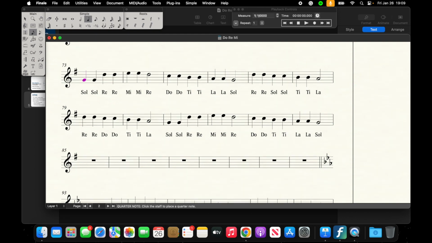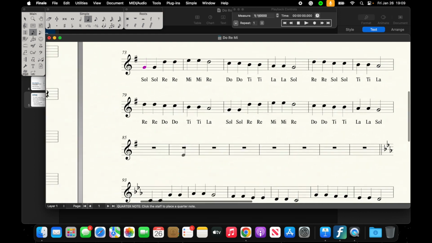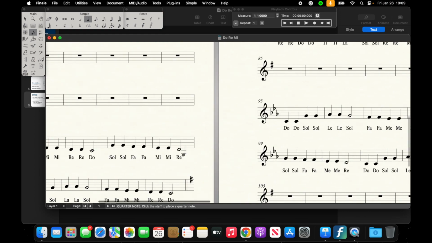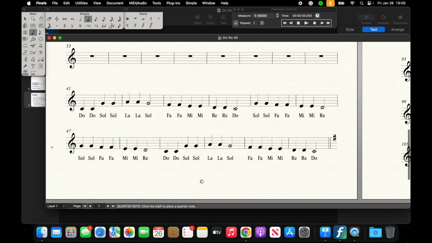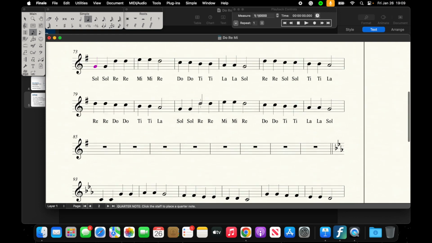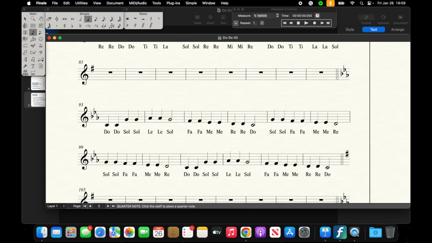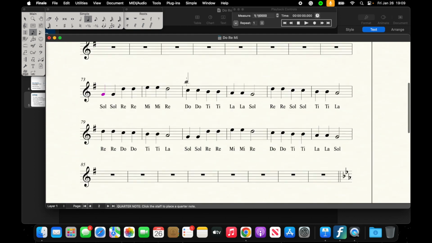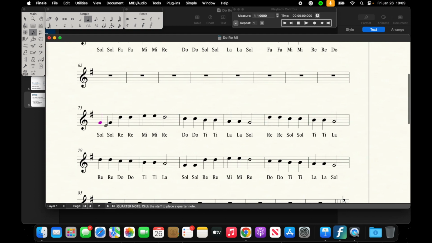Now, here's my thing. And when I go over here, my first interval is do, sol. Do, sol. Okay? I hear that fifth. I know when I'm going from do to sol, it's always a fifth. Do, sol. If I'm singing it in this one, sorry.